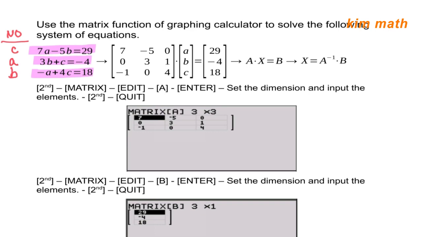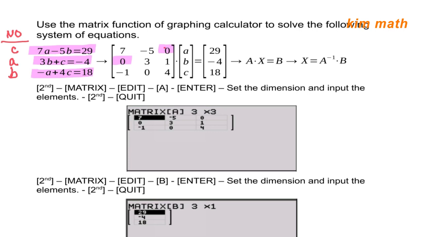In matrix, how can you handle this missing element? If you don't have any C, please input 0. Okay, so please note that 7, -5, 0. And next equation, there's no A, so use 0 for A position.